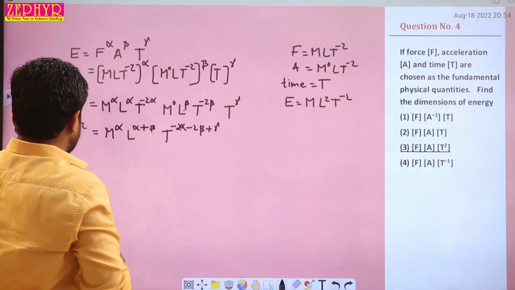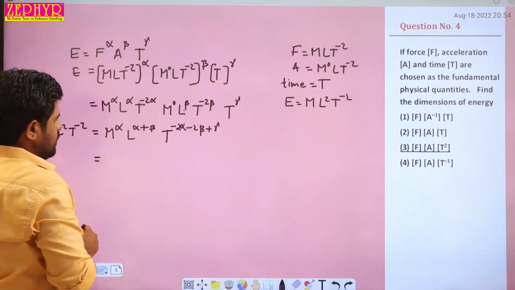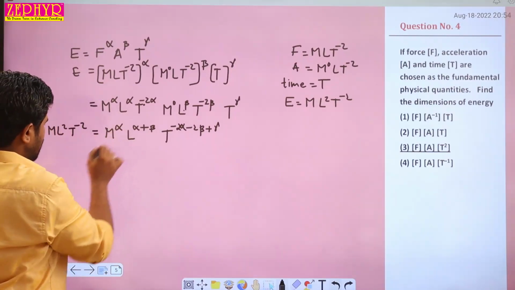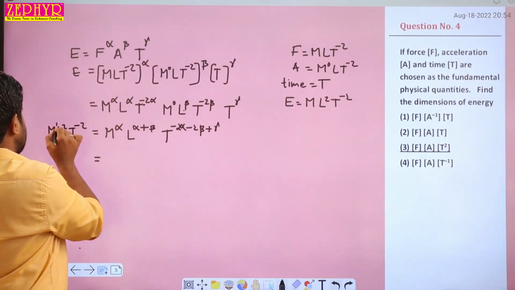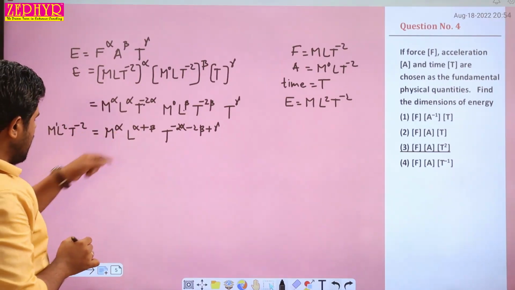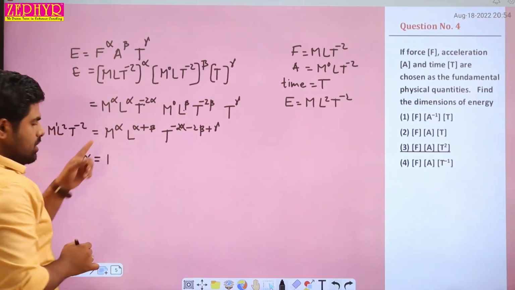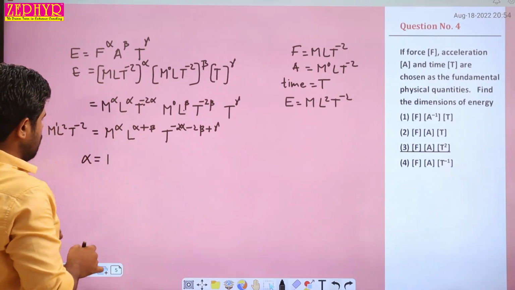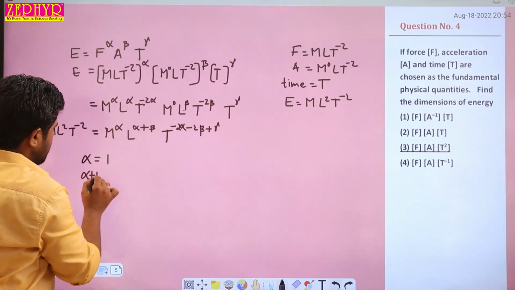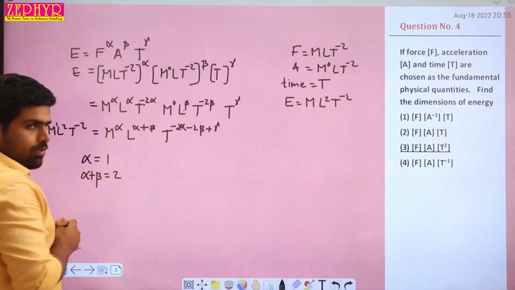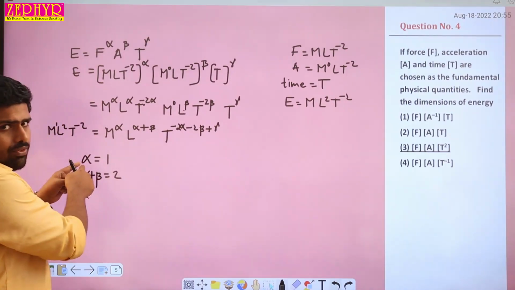Okay, so now from this equation, m raised to 1, that means alpha is equal to 1. From this equation alpha is equal to 1. Then from this equation alpha plus beta is equal to 2. Here we know the value of alpha is equal to 1.